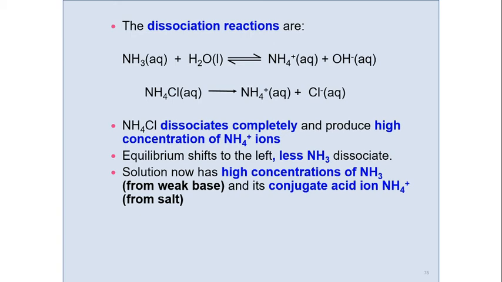So, menyebabkan NH3 less dissociate. Bila less dissociate, maka kita akan ada banyak NH3. So, this buffer solution has high concentration of NH3 from weak base from the first equation and its conjugate acid ion NH4+ from the salt daripada second equation.